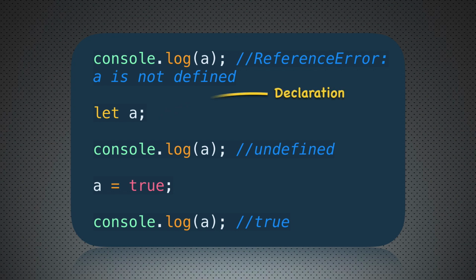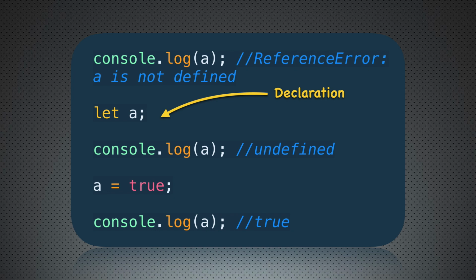If you declare a variable but not yet assign value to it, in this example we use let keyword, variable becomes declared. And if we will try to log value of the a to the console now, we will get undefined. Remember that undefined is system value, and mostly it is assigned automatically. And that is an example of it. We have not assigned this undefined value to the variable a.